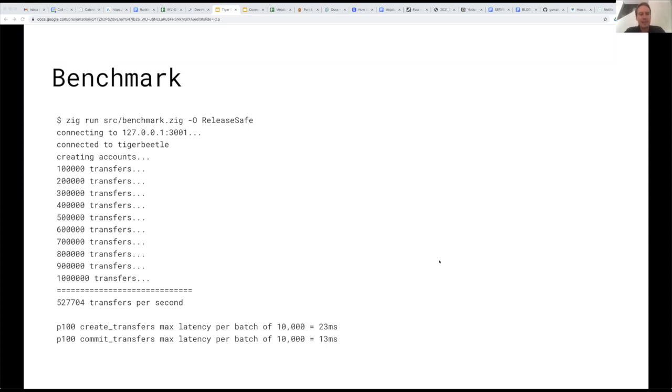But so we're getting 500,000 transfers a second, and these are two-phase commit transfers, so prepares, fulfills. And the nice thing too is the max P100 latency. So the very worst latency across all these batches was 23 milliseconds for prepares and 13 for commits.